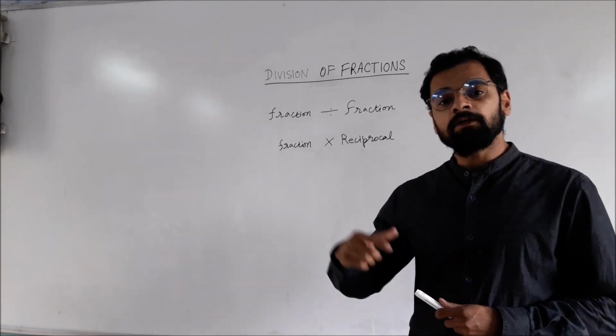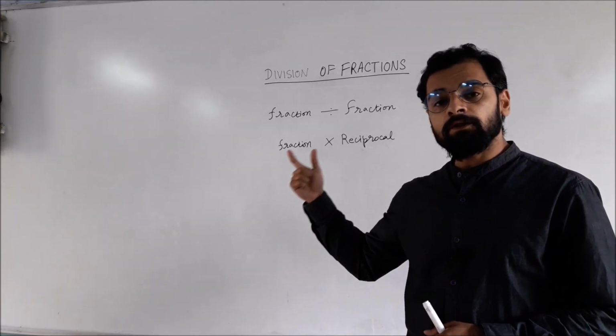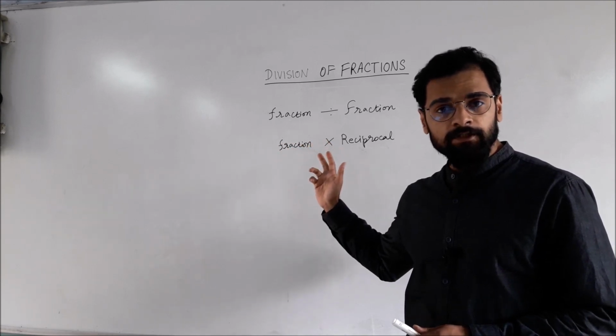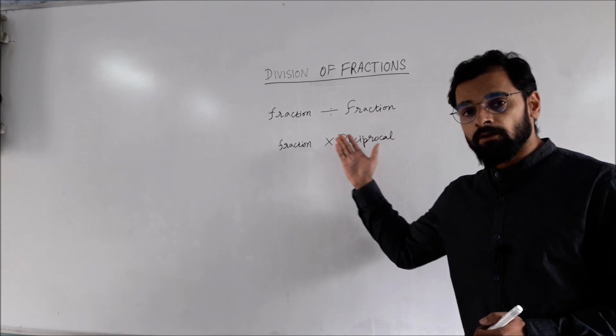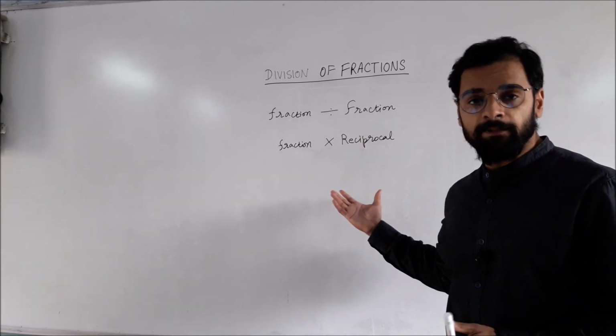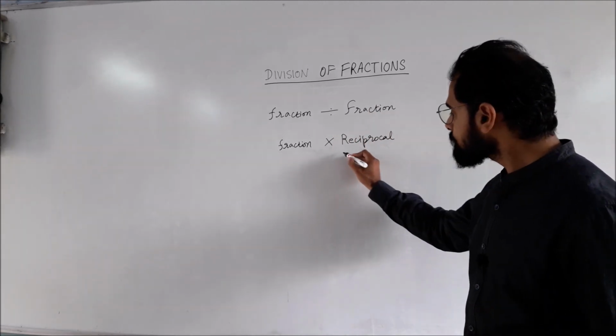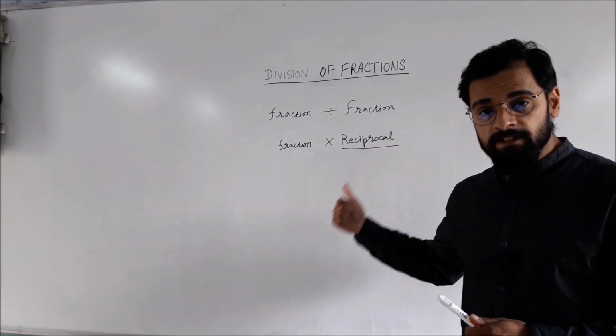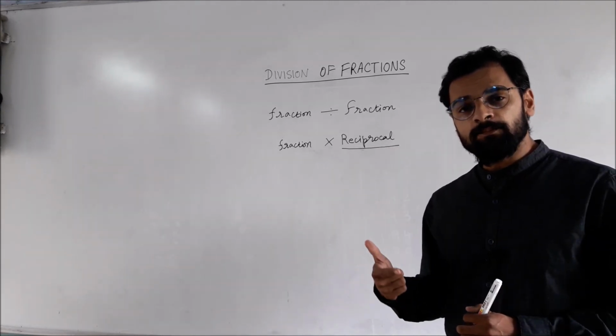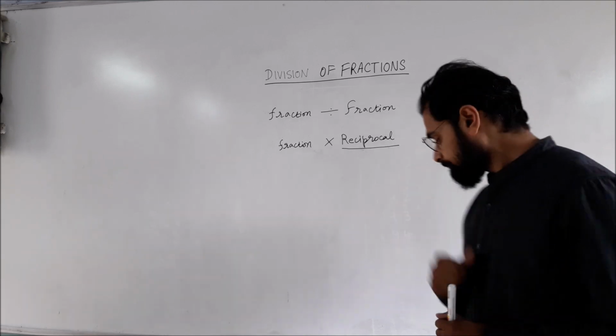Okay, so basically what we are doing, we are not dividing a fraction with another fraction, we are converting that problem of division to a problem of multiplication. Here this word is new for you, reciprocal. So now we will see how to find the reciprocal of a given fraction.